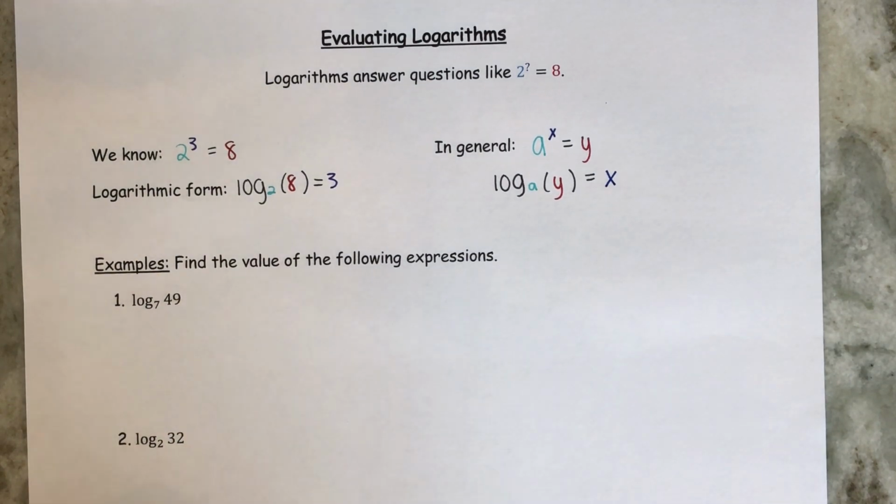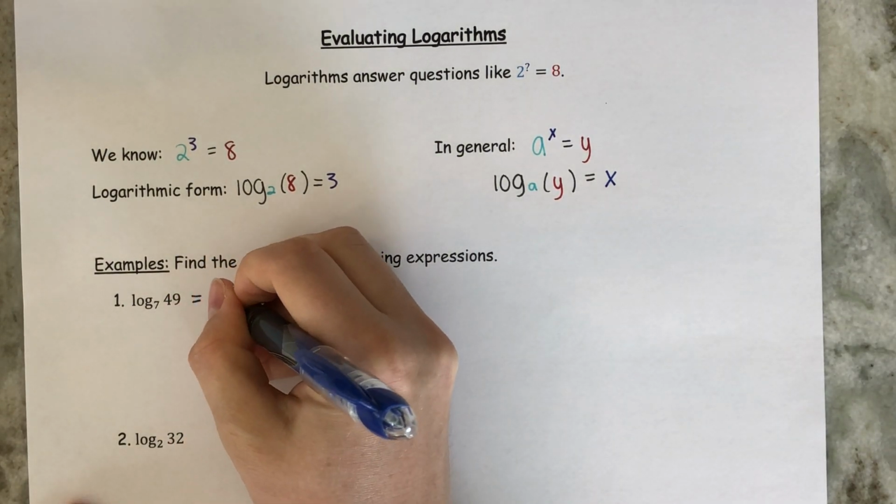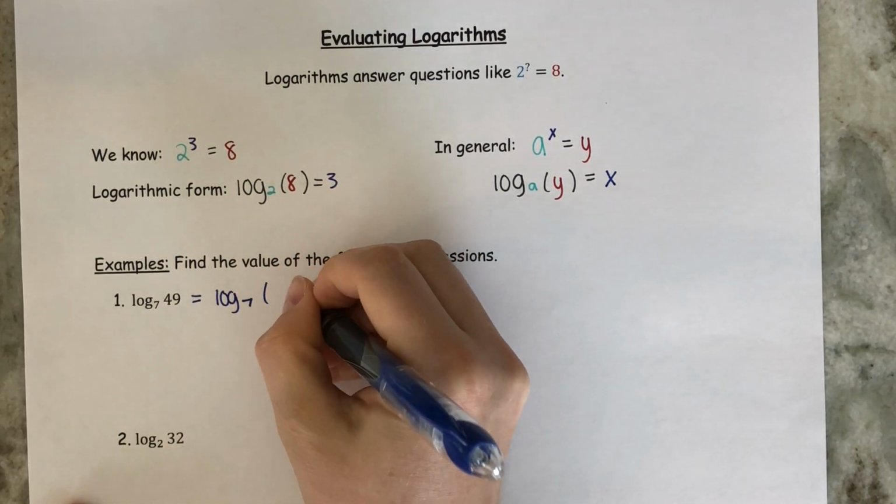So what we're gonna do is try to find the value of the following expressions using what we just learned about logarithms. So we have log base 7 of 49. To solve this, I'm gonna write log, and that base of 7 is gonna go inside here.